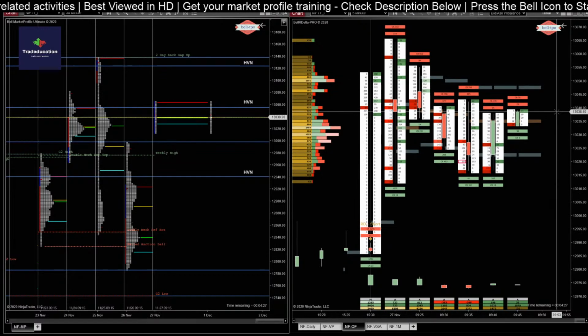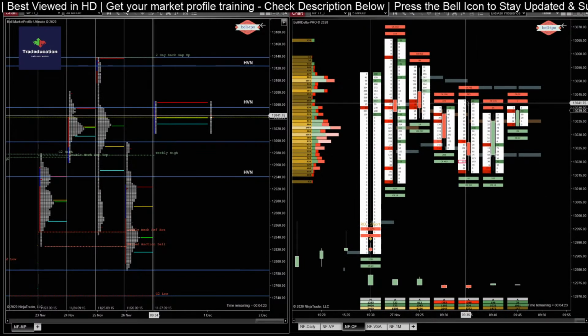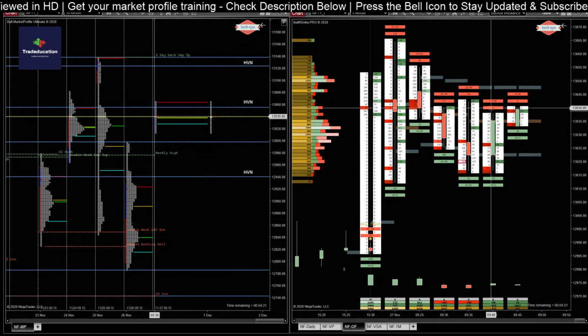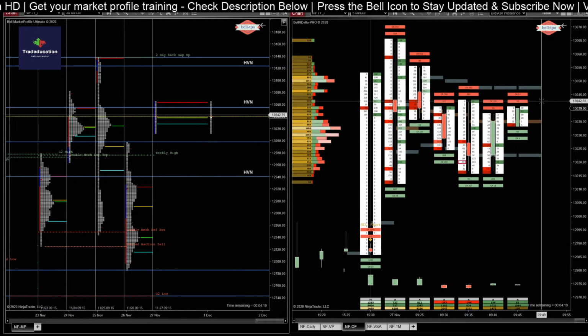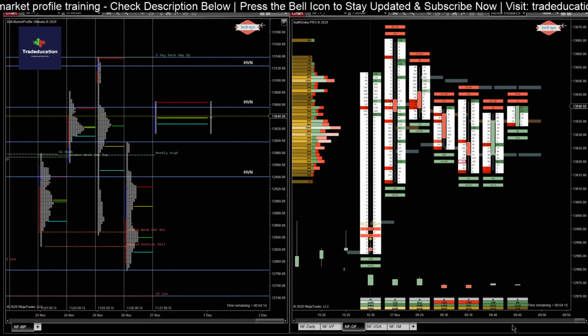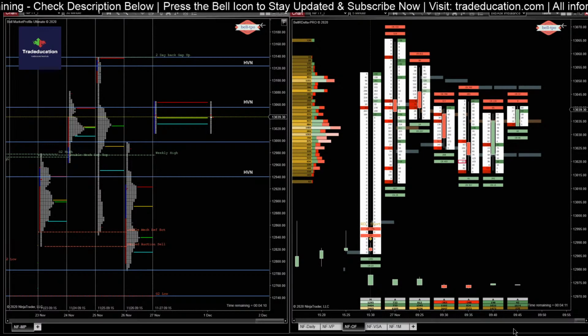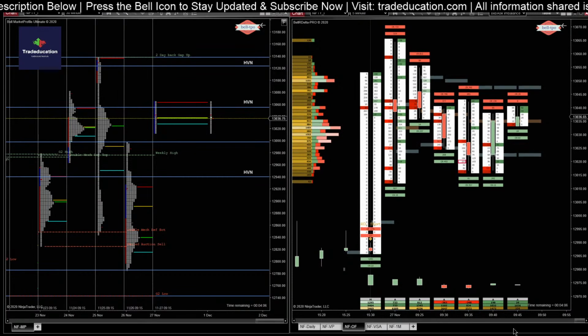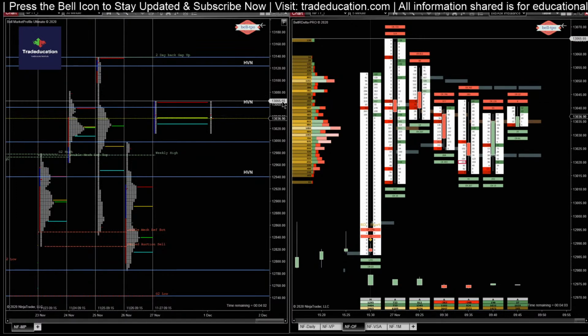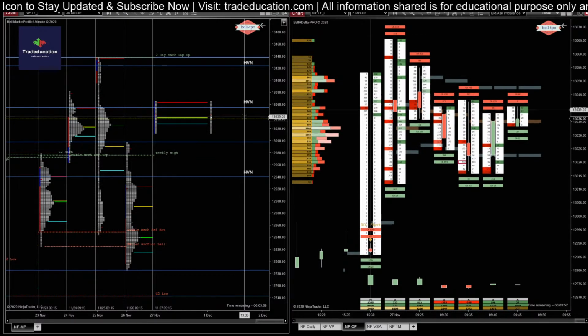So now the VWAP is tagged and there is a stop loss above this candle high, the 9:35 candle. Okay, so let's see what the tempo coming in is. So we are just tagging the open and coming down, tagging the open, coming down.